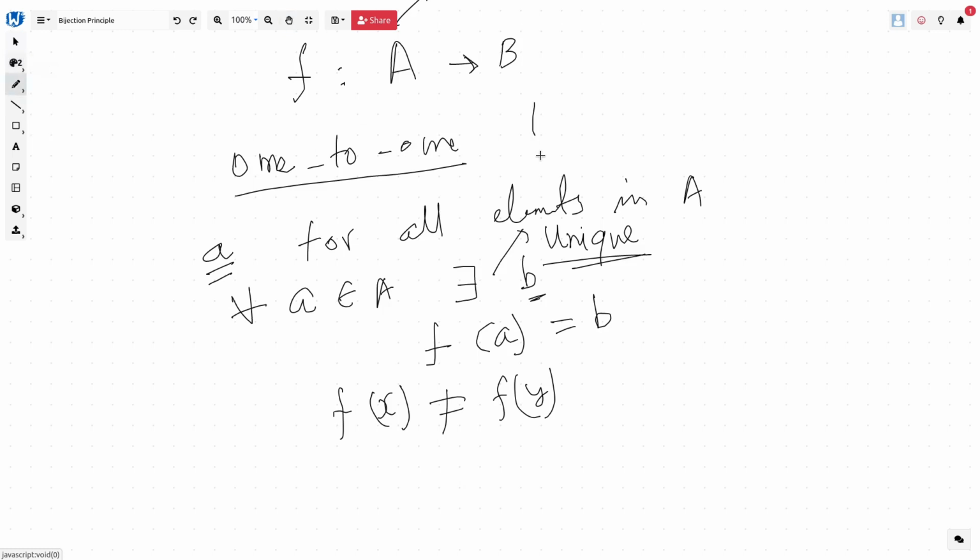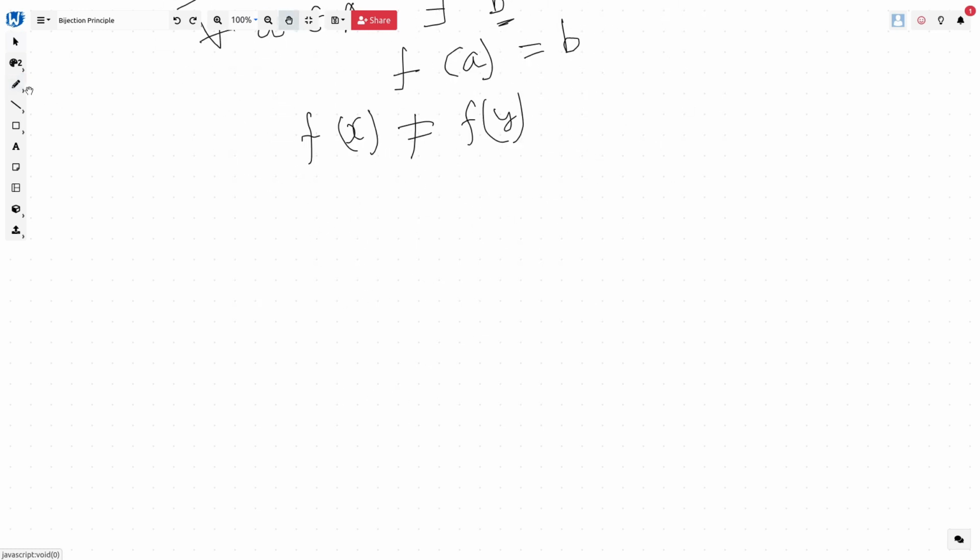So there is another type of function which we call an onto function, or surjective function.